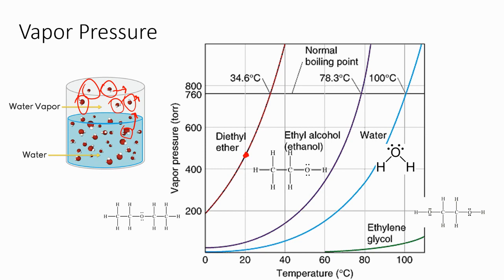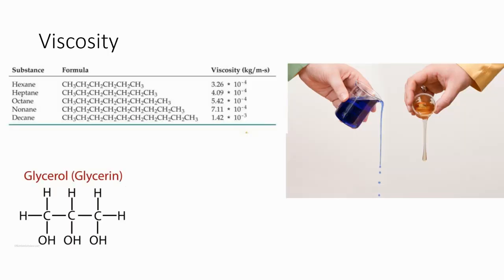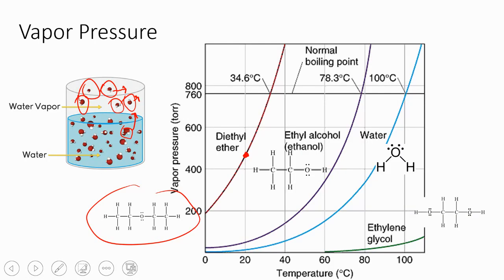One for a molecule called diethyl ether, which is right here. One for a molecule called ethanol, which is right here. And one for a very famous molecule called water, which is right there.